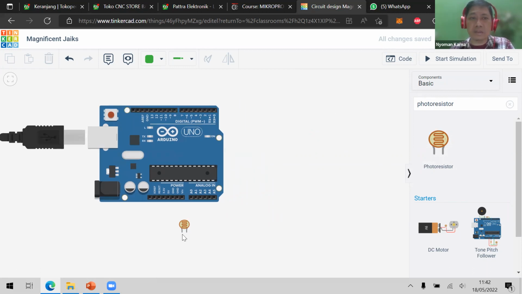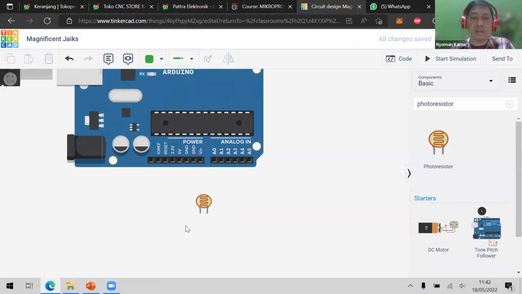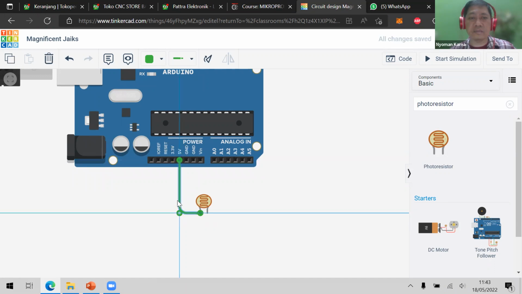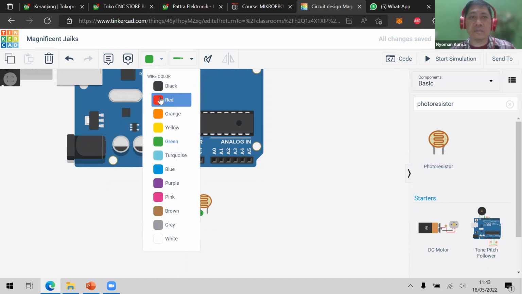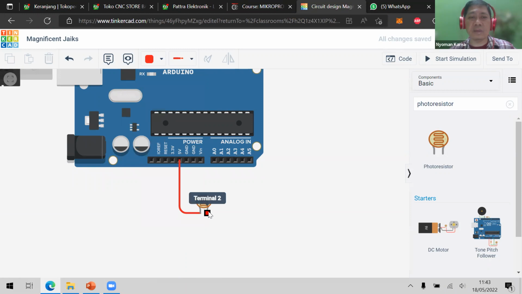Then I'm going to connect this one, terminal 1 to, let's say, 5 volts, and this one to the ground.